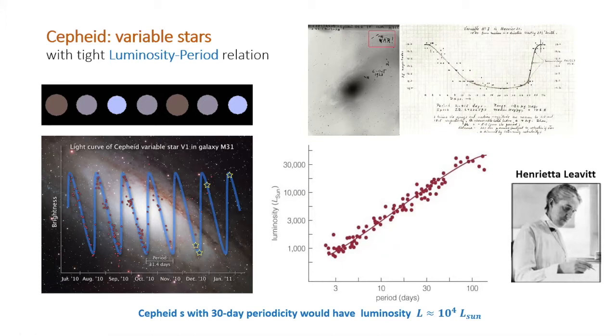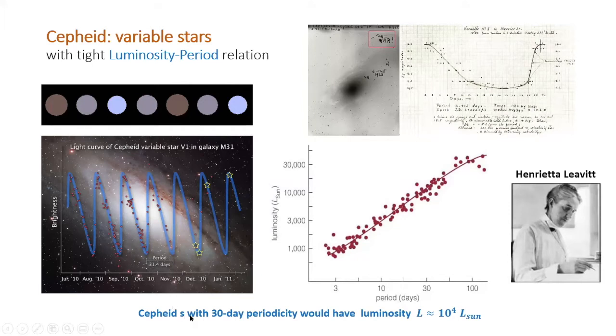Whenever you have a galaxy whose distance you know, you can convert the observed magnitude or flux to the luminosity, which is the intrinsic energy. So then you have all these galaxies where you know the luminosity and the periodicity. If you have a galaxy where you don't know the luminosity, you just plug in the period here, and you can find the luminosity, which you might not know if you don't know the distance.